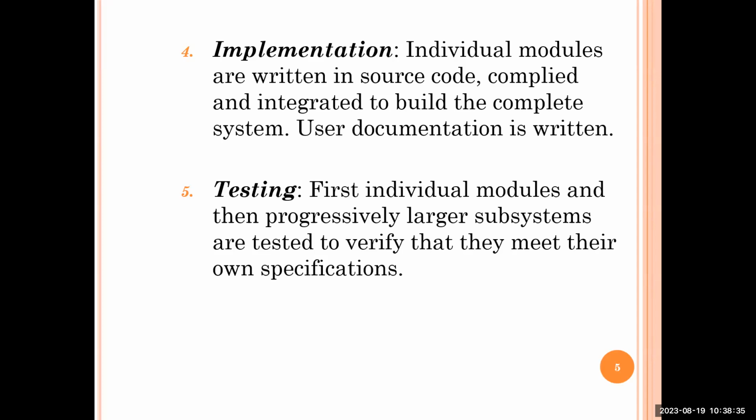And here you may have to select a programming language, whether it is Python or Java or any other newer programming languages like Perl or Ruby. You decide on a programming language and write the code. That is exactly the development stage or the implementation. When you are writing the program, you have to do the user documentation also.